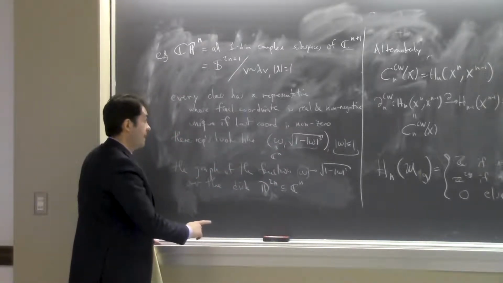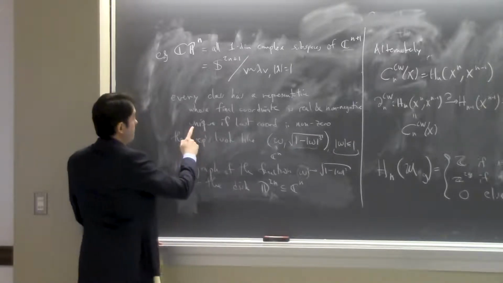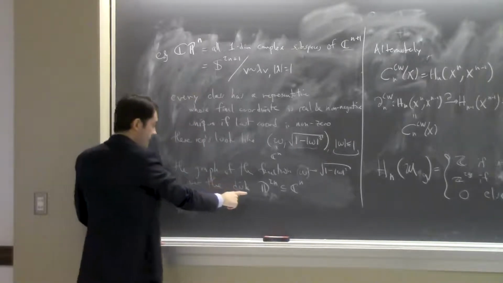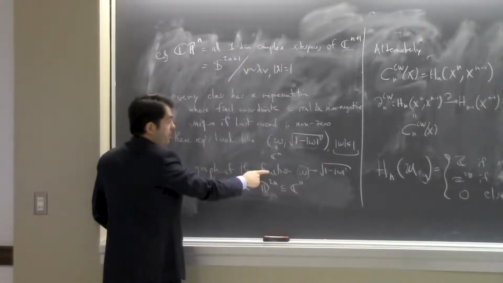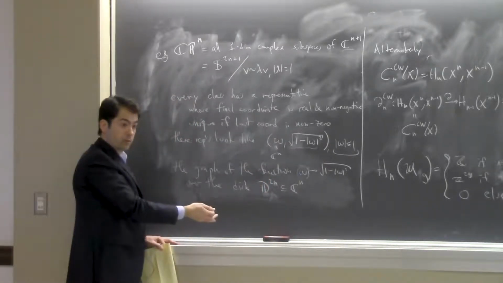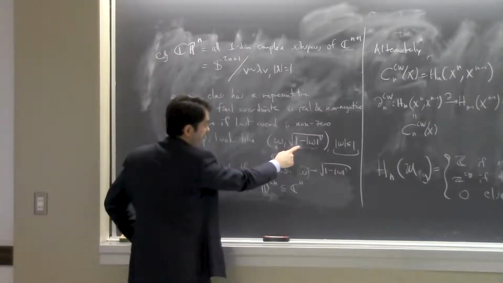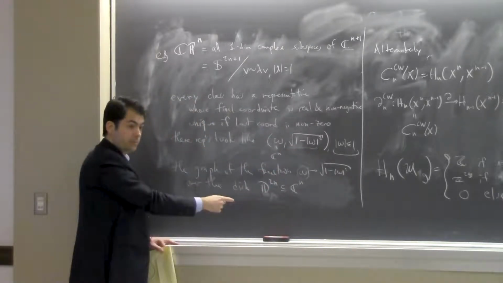And so CP^n is what you get from this disk by making identifications on its boundary. Right? The boundary is precisely when the last coordinate is equal to 0.